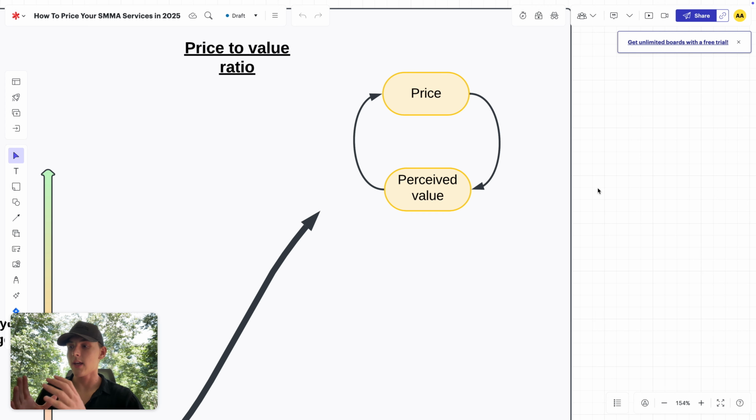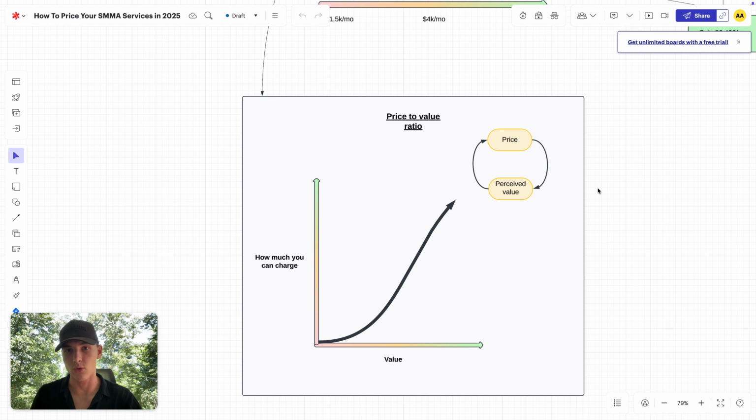So if there are things you could implement like faster reporting that would increase the perceived value of your service, do that instead of trying to earn them a higher return on the ads. For example, there are lots of elements that could be increasing the perceived value. So think outside the box and not just directly what you see on your screen, because there are so many other moving parts in a partnership, not just the results that you generate.